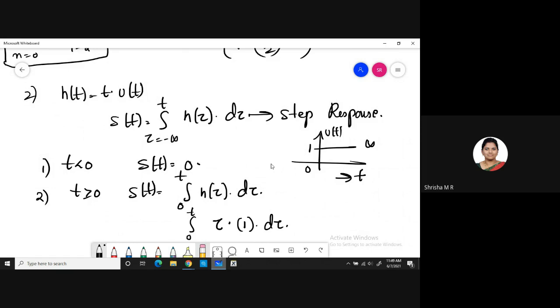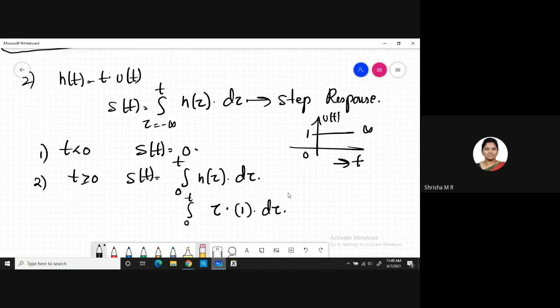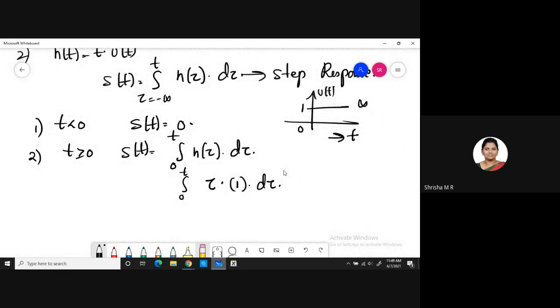So what do you get? If you integrate with respect to d tau, you get tau square by 2 with limits 0 to t. So that would be t square by 2, right? Half into t square minus 0. So you get t square by 2. Got it, everyone?